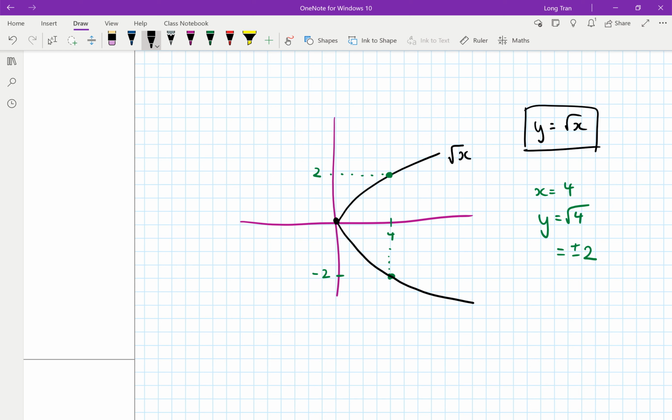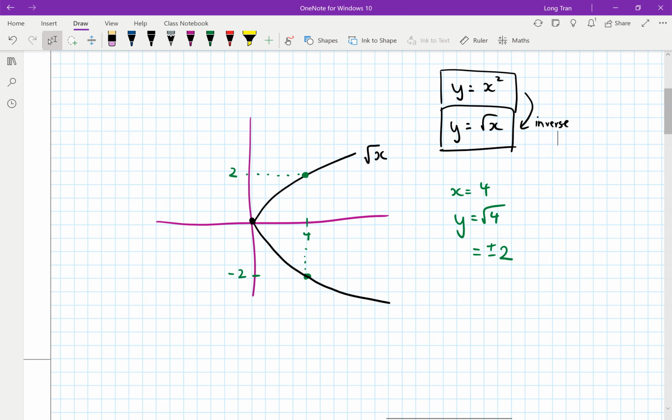Another way to remember this concept is that this x squared graph is the parabolic version of it, and this is what we call the inverse version. The inverse version is sometimes not a function, and that's part of what we're going to be learning in chapter 5. See, the x squared graph looks like this.